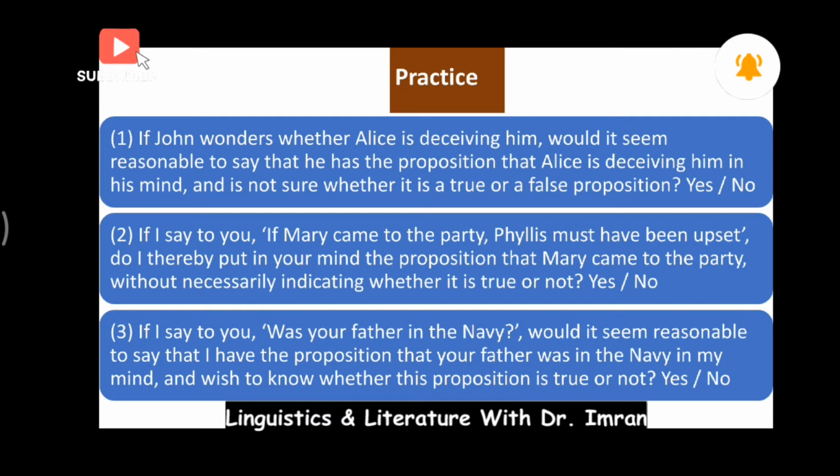So that's a proposition in the mind, regardless of true or false. The answer is again yes. Number 3, if I say to you, was your father in the Navy, would it seem reasonable to say that I have the proposition that your father was in the Navy in my mind and wish to know whether this proposition is true or false? Of course, yes. Because the proposition in my mind is that your father was in the Navy, and I want to confirm whether it is true or false.